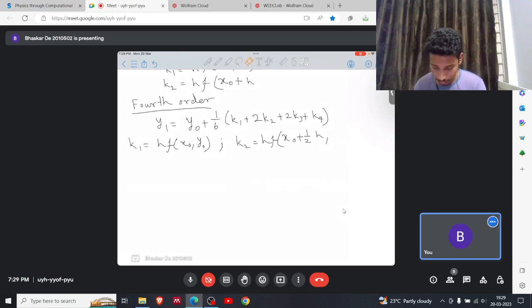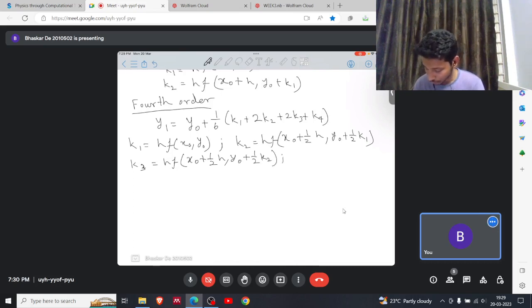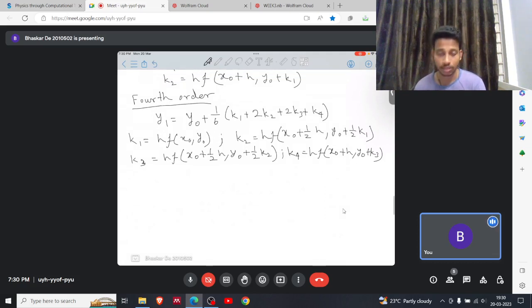Now this one is y0 plus half k1, and k2 is, k3 is h f(x0 plus half h, y0 plus half k2), k4 equal to h f(x0 plus h, y0 plus k3). So these are the values for k1, k2, k3 and k4.